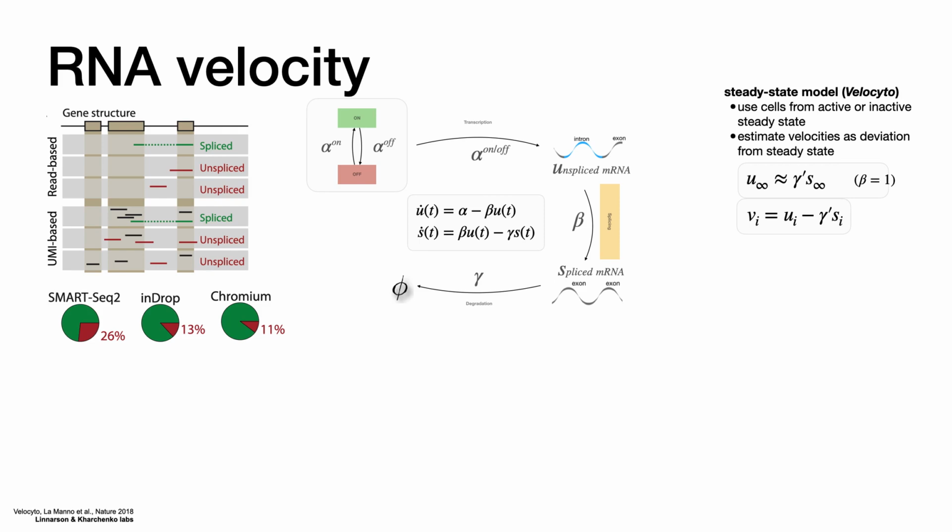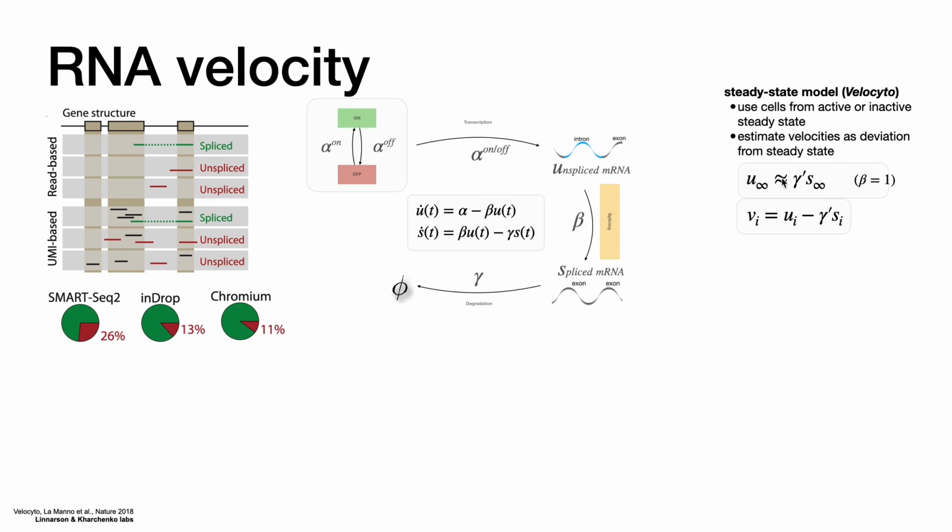And what they estimate now, when we say steady state, is that we set these two ODE equations to 0. And then we can solve it. We set this beta parameter to 1 for identifiability reasons. And then we can derive that the ratio of unspliced reads equals this normalized gamma rate, so the degradation rate, times the number of spliced reads.